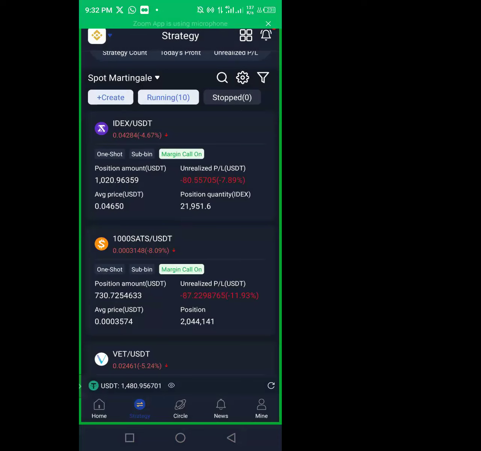So I was able to know that out of 1,009 spare USDT, I can sacrifice 530 from it to do this manual replenishment on this coin. And I still have 1,480 for the other coins to buy their margin calls. So that was why I was able to remove 530 to buy manual replenishment for this first coin.